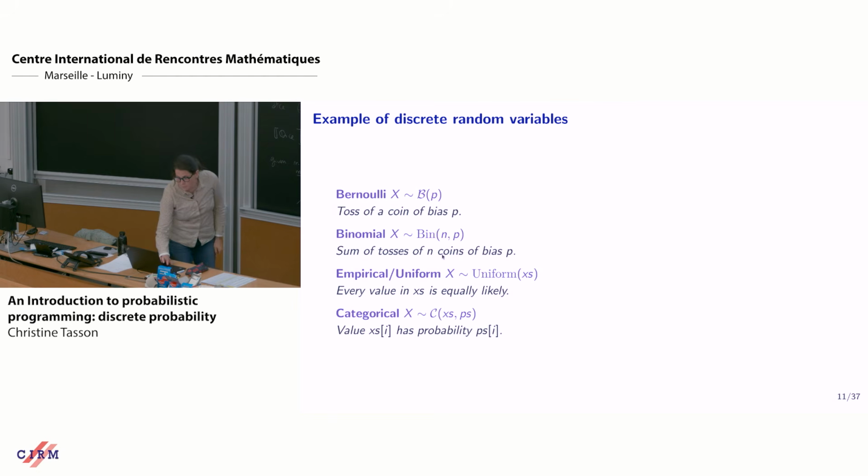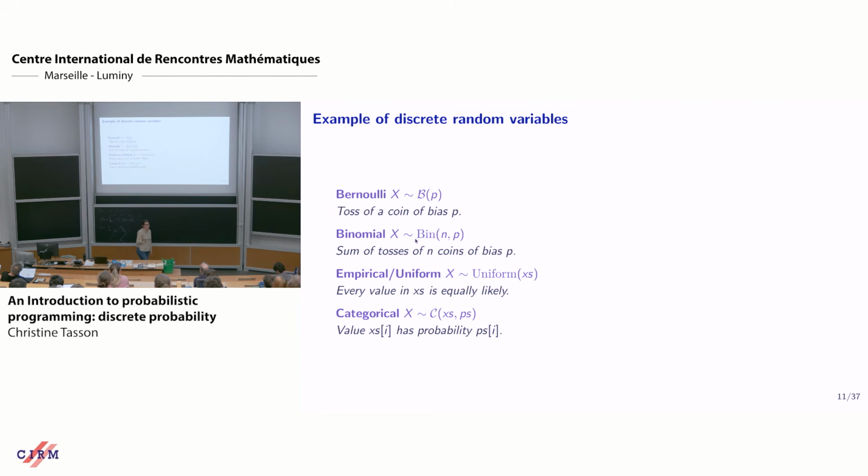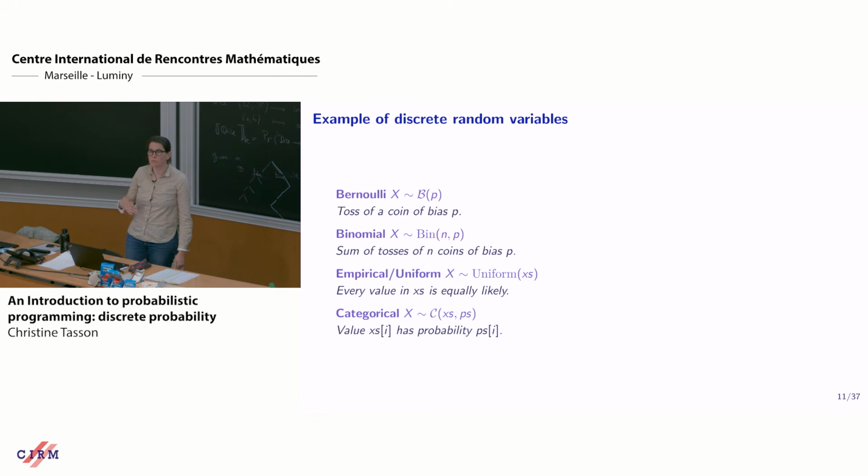So what I'm interested in is the different probability distributions that I will use. I have this Bernoulli, a biased coin. I have binomial. A binomial, you know what it is doing? You take a biased coin and you toss it n times, and you look at how many times you get true. An empirical or a uniform over a list of outcomes is getting you any element of the list with probability 1 over the length of the list. And finally, a categorical is given by a list of outcomes with their probability. So for each possible outcome, you give the probability of getting this outcome.